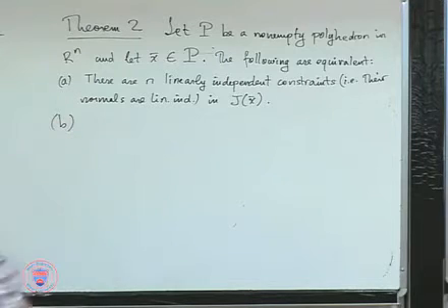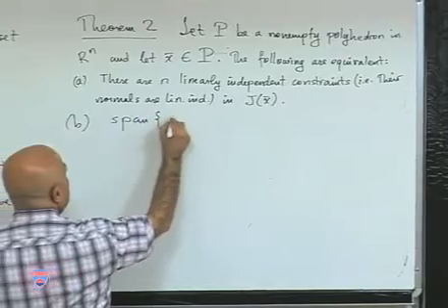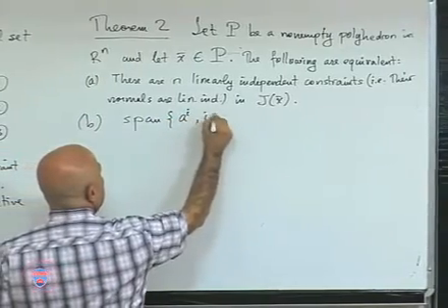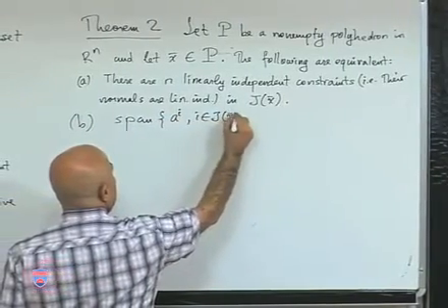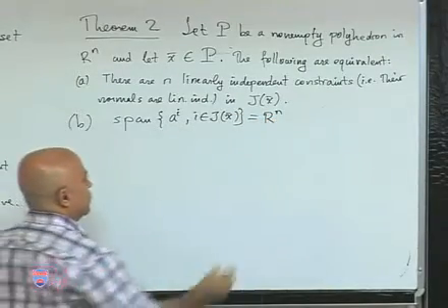Part B: the span of the normals of the active constraints gives you the n-dimensional space.